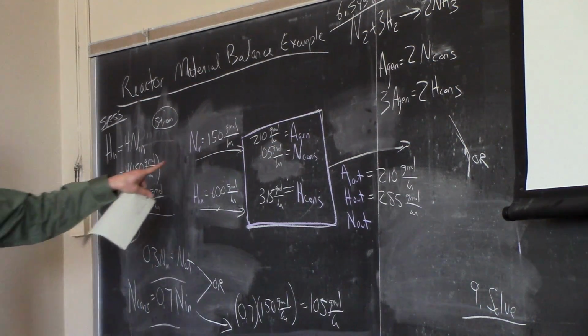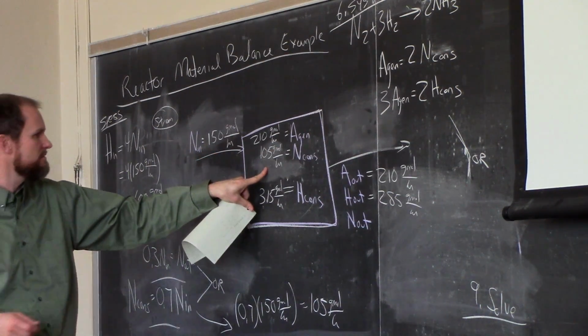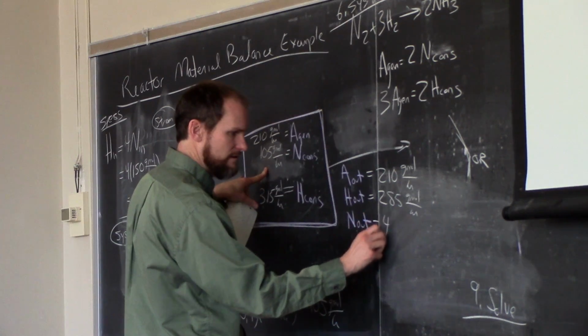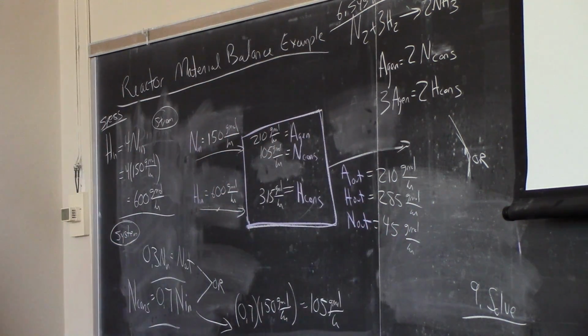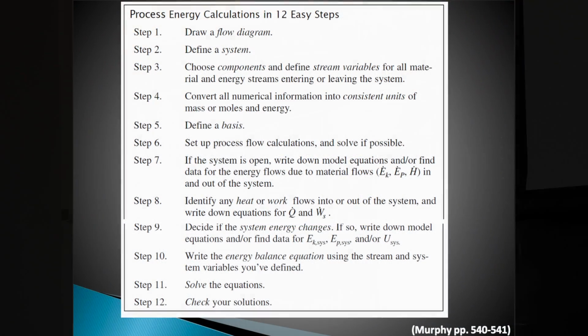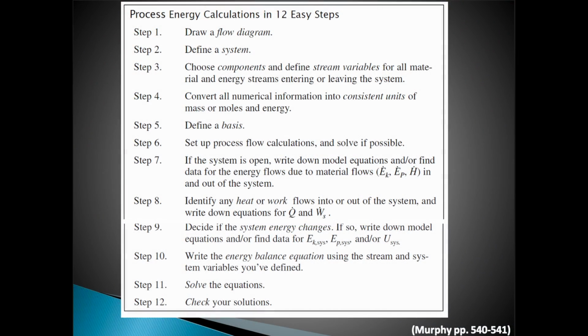And the N out, N in is 150, and consumed is 105, so the N out is like 45 millimoles per hour.